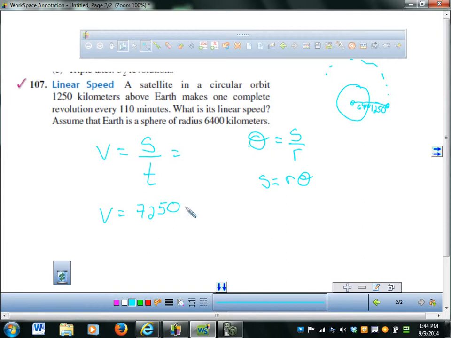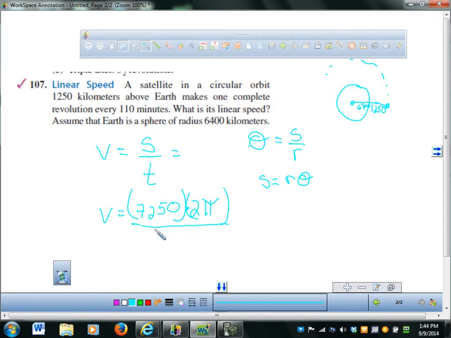That's the radius. Theta, it makes one complete revolution. One complete revolution in terms of pi is 2 pi radians, okay? And R times theta is going to give me S.